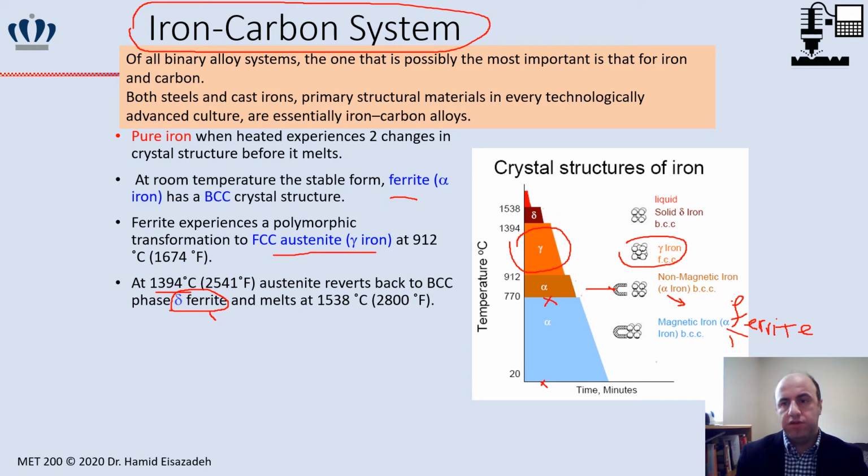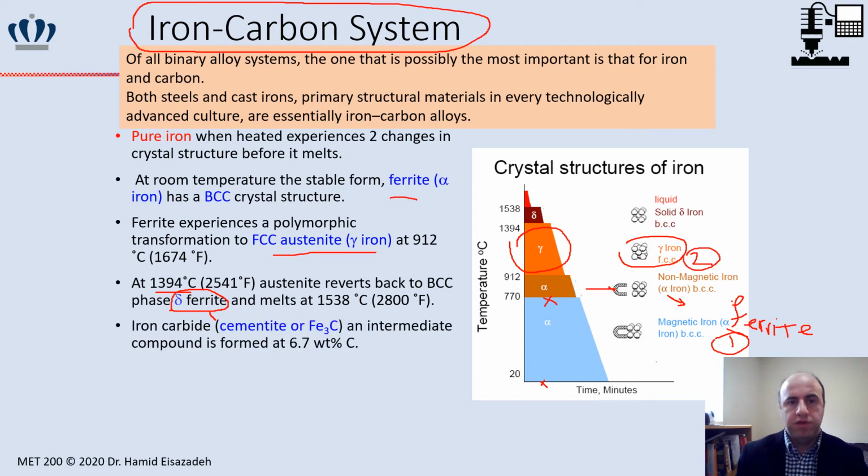This one is important, and this is the second one. We have a term called iron carbide, or cementite, or Fe3C. It's an intermediate compound formed at 66.7 weight% of carbon. So if you have this much carbon and the remaining is, for example, 93% Fe, you will form cementite.